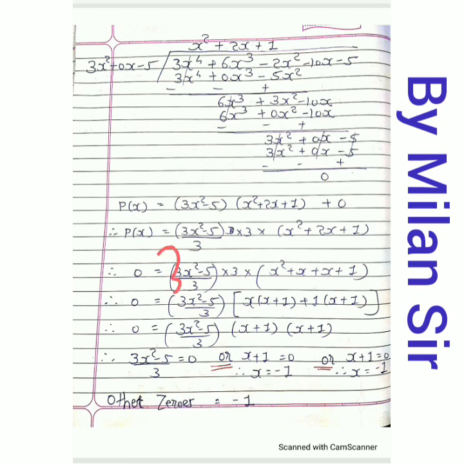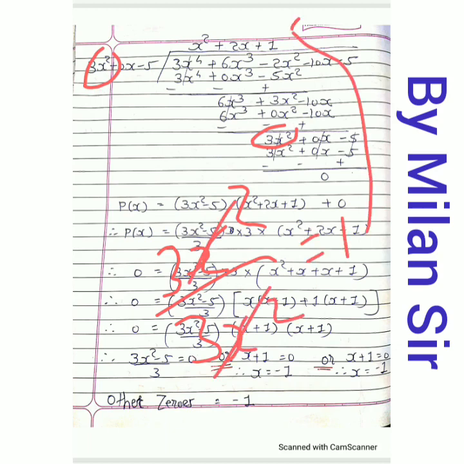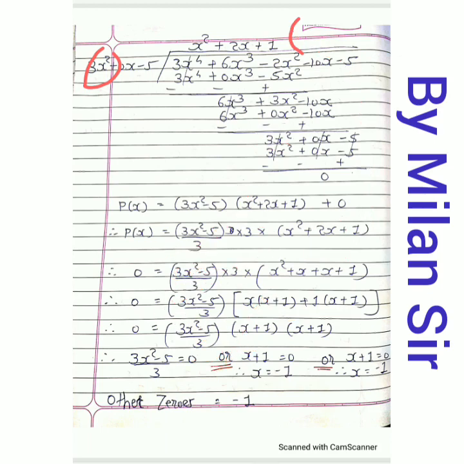Now again my first term is 3x square here, and here even 3x square, so it will be cancelled, and my answer is 1. So I write here plus 1. Now we need to multiply this polynomial by 1. No need to multiply by 1 because our answer is same, so I directly write down this part here, 3x square plus 0x minus 5.